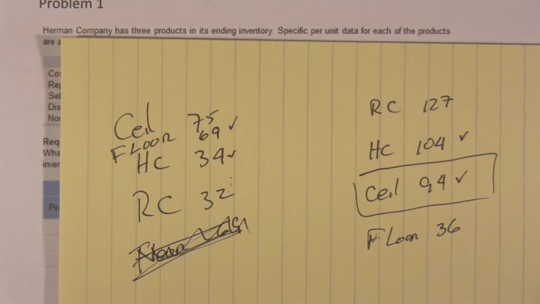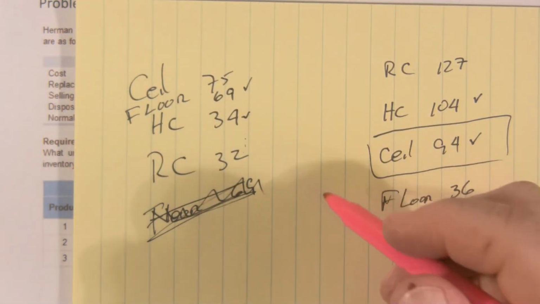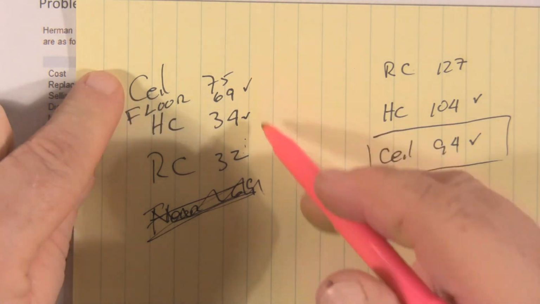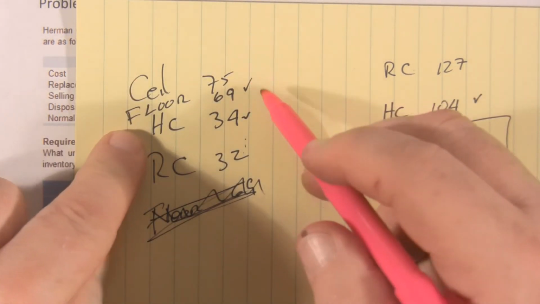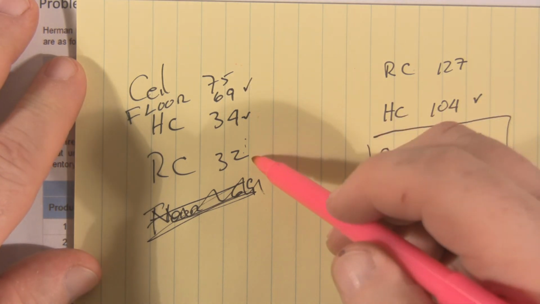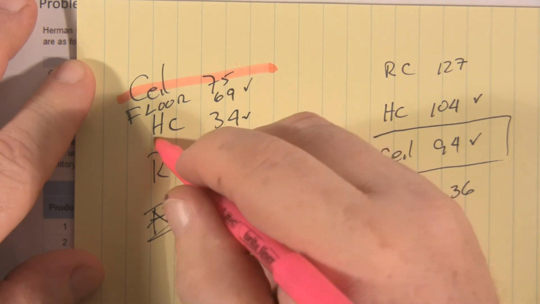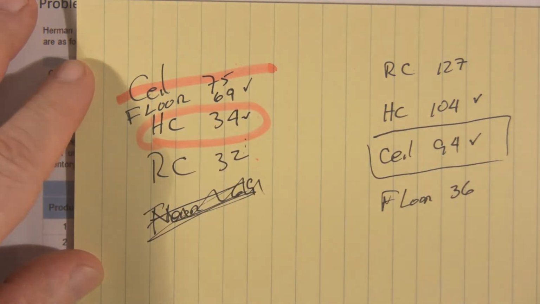Here's my way of doing it. It works every time. Put them in order from highest to lowest, not by topic, but by number, highest to lowest. 75, 69, 34, 32. Cross out the top, pick the middle.